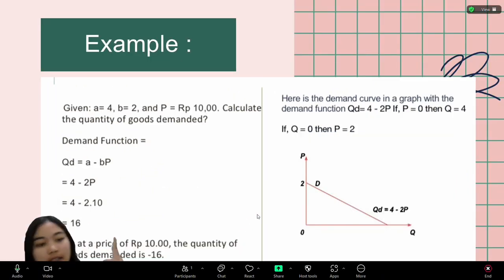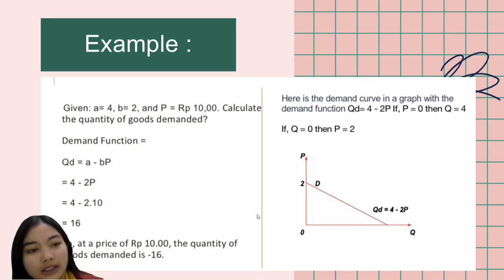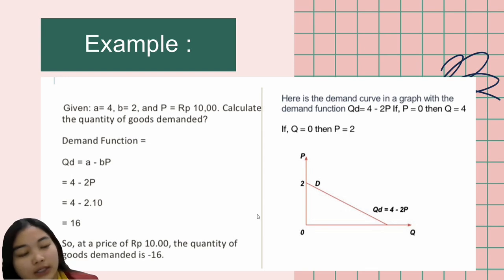This is an example. Given A equals 4, B equals 2, and P equals 10. Calculate the quantity of goods demanded.